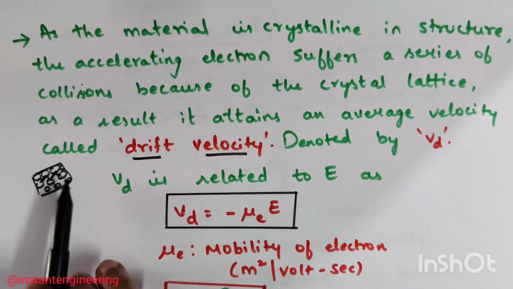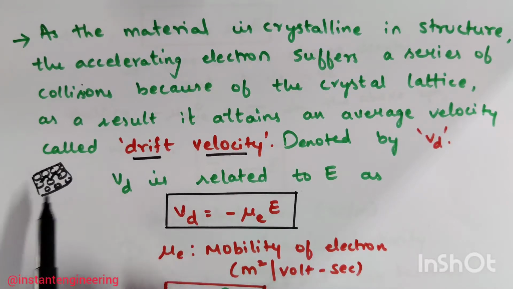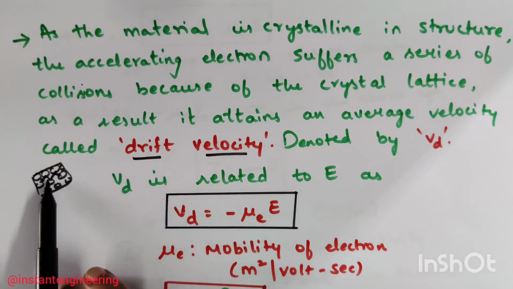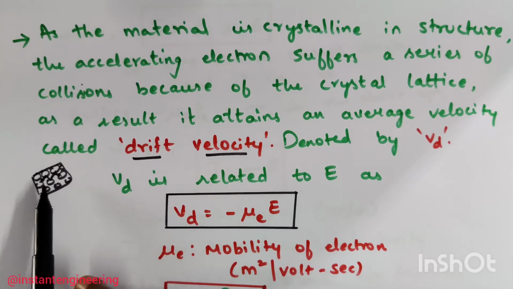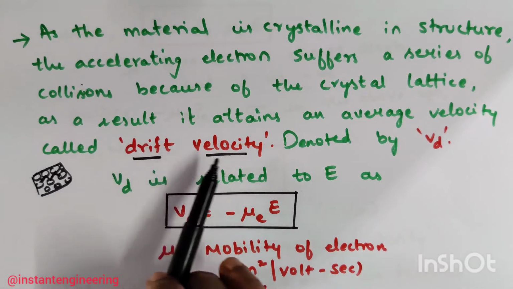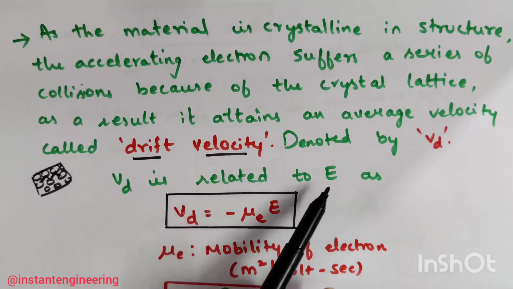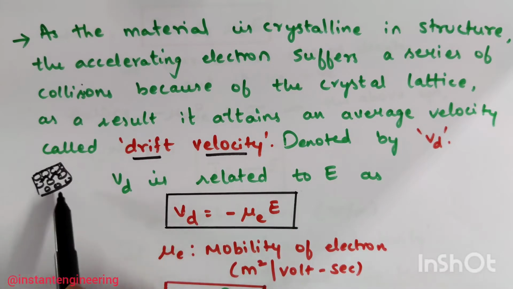Because of its crystalline structure, the electron hits the crystal material, and because of that it attains some speed or velocity. That velocity is called the drift velocity, denoted by Vd, and it is related to the electric field, because you gave the electric field and all this is happening.